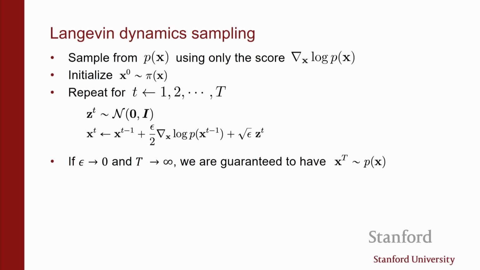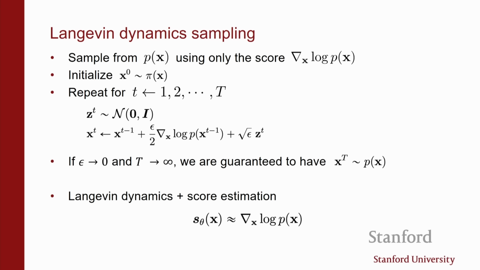So literally all we're doing is replacing the true score function with the estimated score function. And basically that's one way of generating samples. You first estimate the score by score matching, having this neural network output gradients that are close to the true one, and then you just follow the directions.